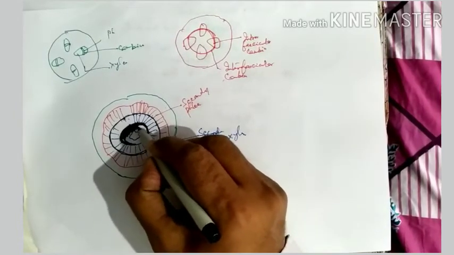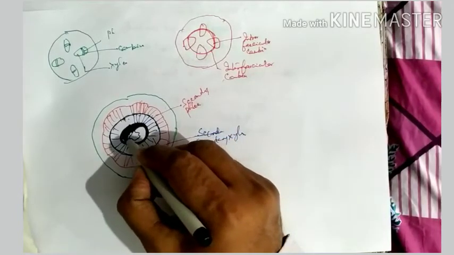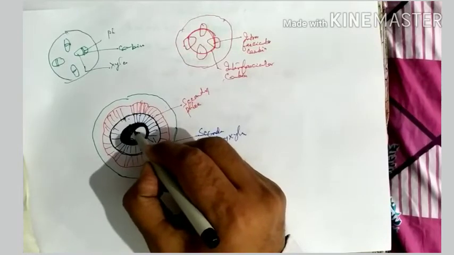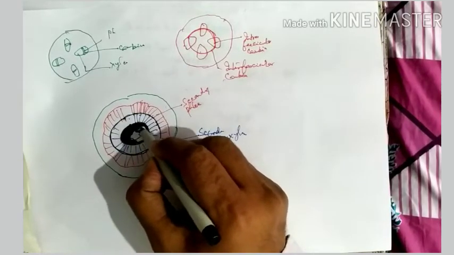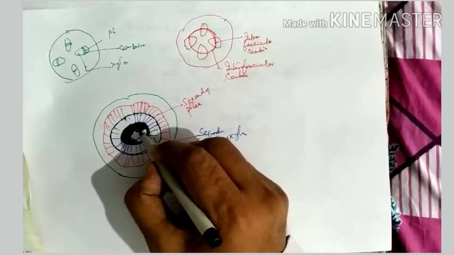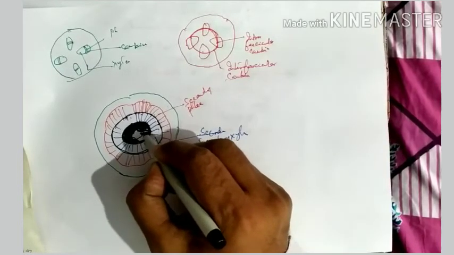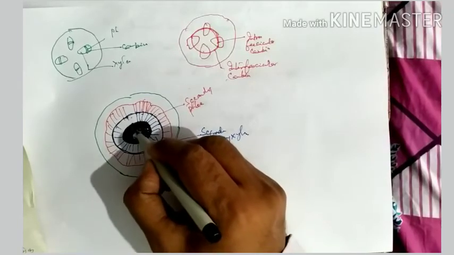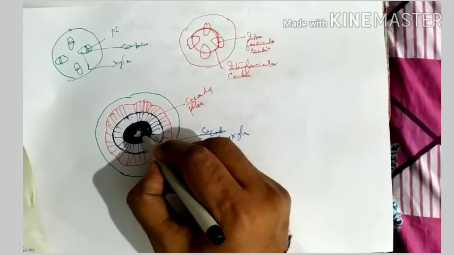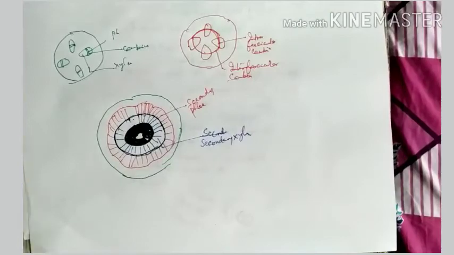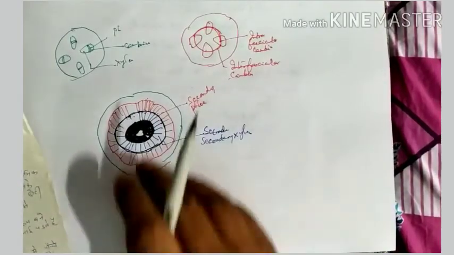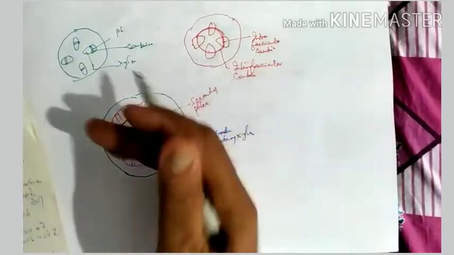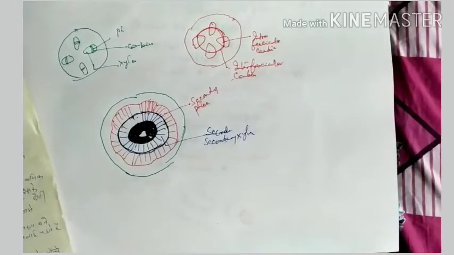The cells are crushed here. These are the crushed primary vascular tissues, and this is the area of pith. So this is the process of the secondary growth.